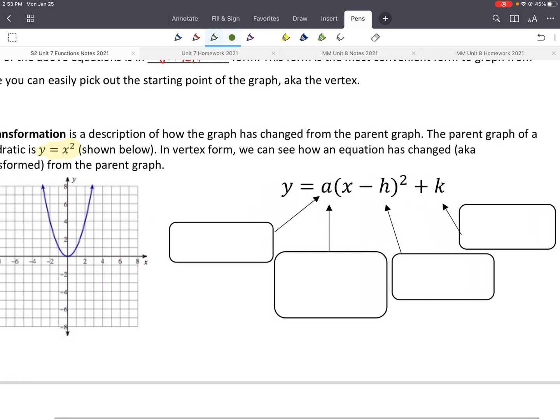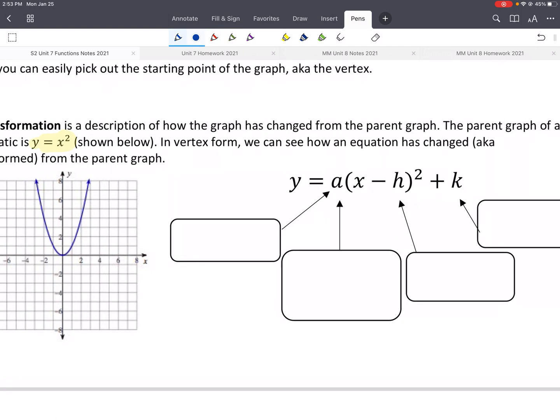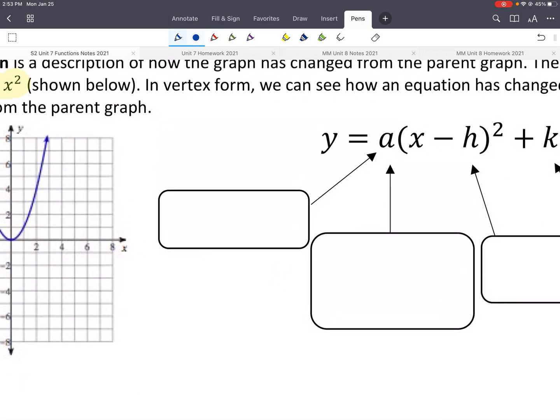Okay? So here again, maybe we'll recap what we covered. If a is negative, or you could say a is less than 0, okay, if a is negative, it is reflected over the x-axis.